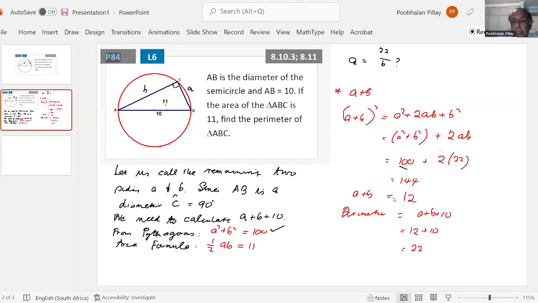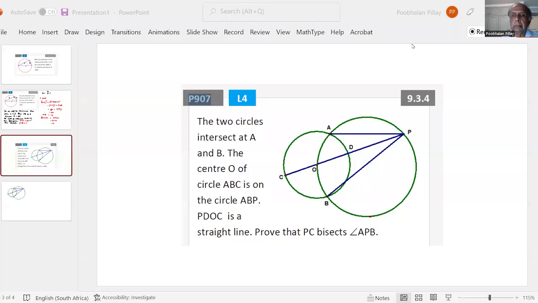So A plus B is 12. And that's exactly what we wanted. Once we got A plus B, we can substitute A plus B is 12 here, and then the perimeter comes out straight away. It's 12 plus 10, which is 22. So that's the answer to the first problem.